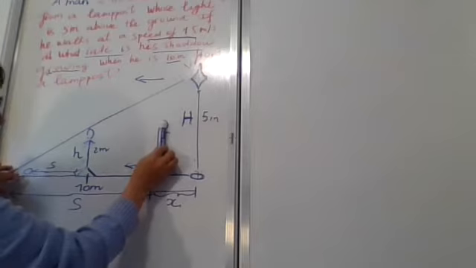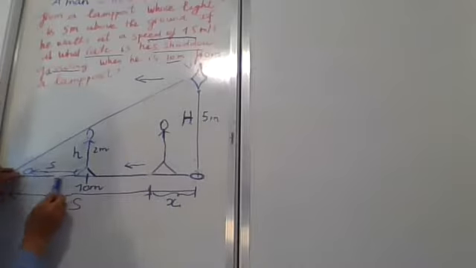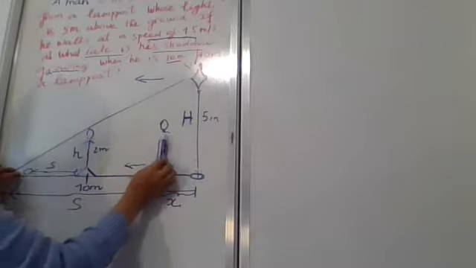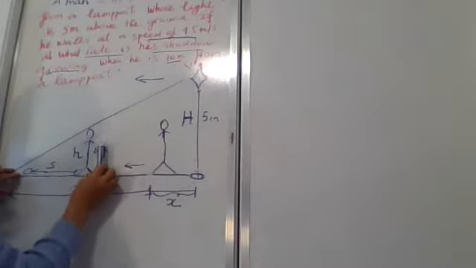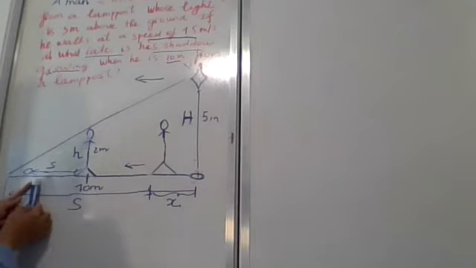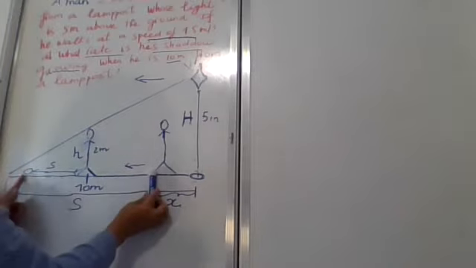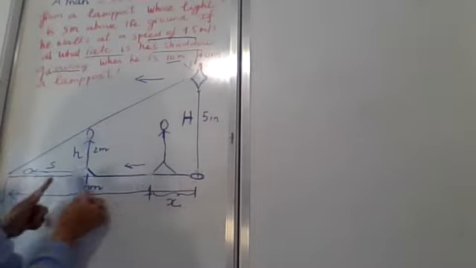Let's say he stands right here, from his feet right here, we have a long shadow. Then as he walks far away from the lamppost, his shadow is getting smaller and smaller, I think, because when he stands right here, his shadow is long.